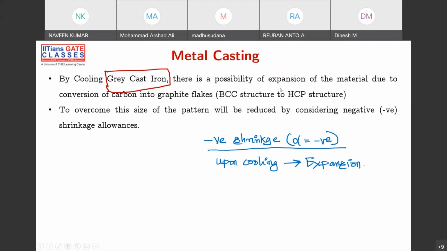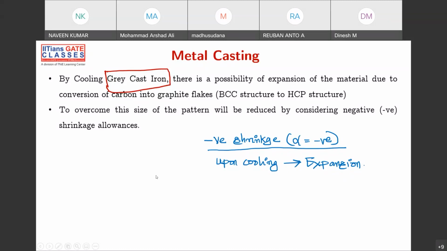During that, some density change is happening, maybe the density is increasing. Because of that, expansion is happening. So please remember, gray cast iron has negative shrinkage. Alpha is negative. It means upon cooling, it is expanding.